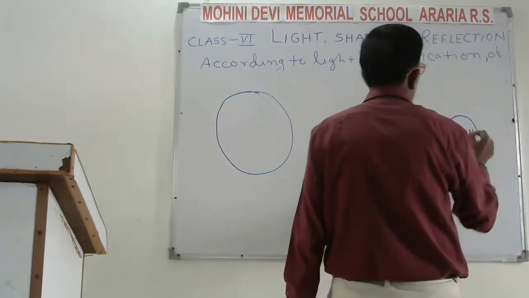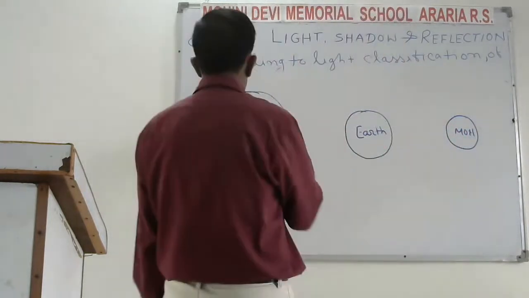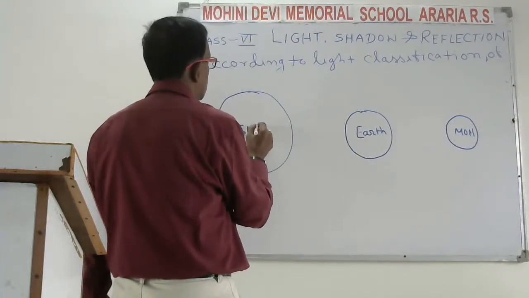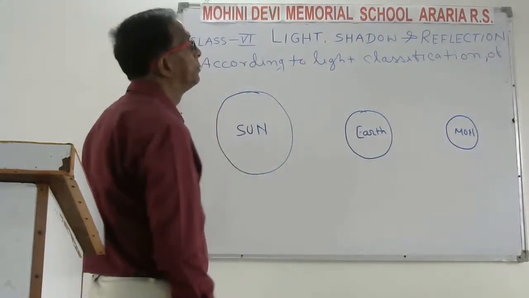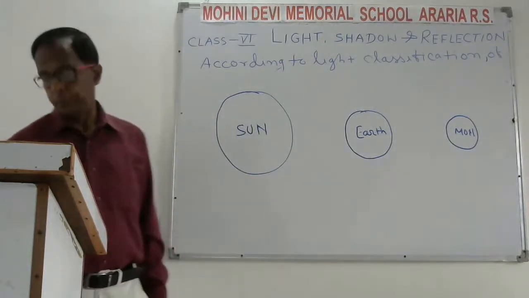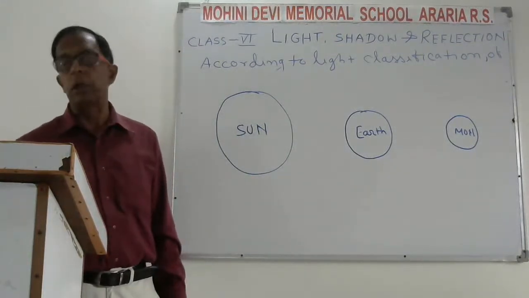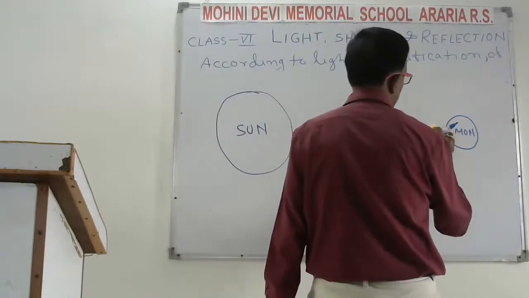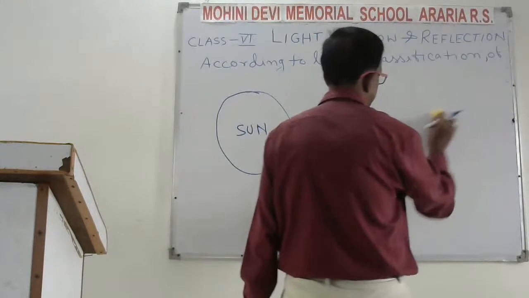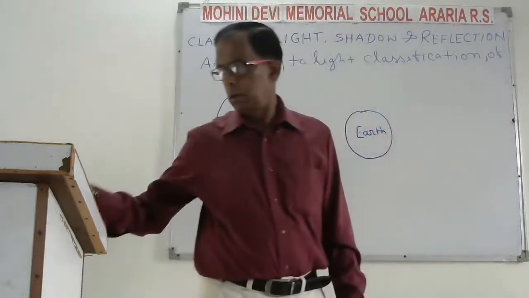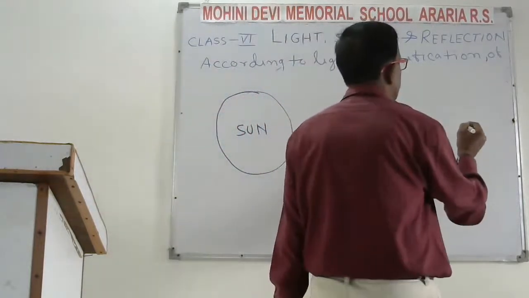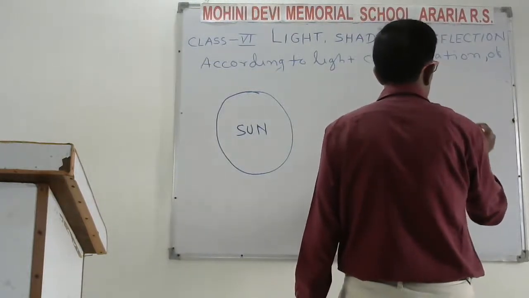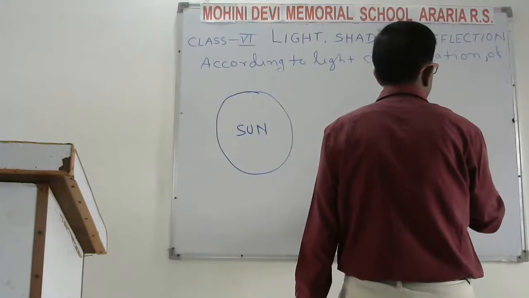In this diagram, I am going to show you the lunar eclipse. Now see, you have just learned that light propagates on a straight path, and here is a proof of that. This is the moon.